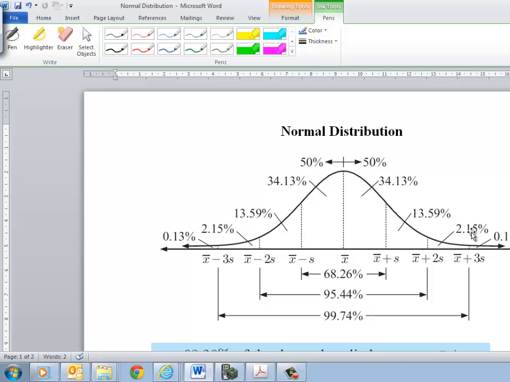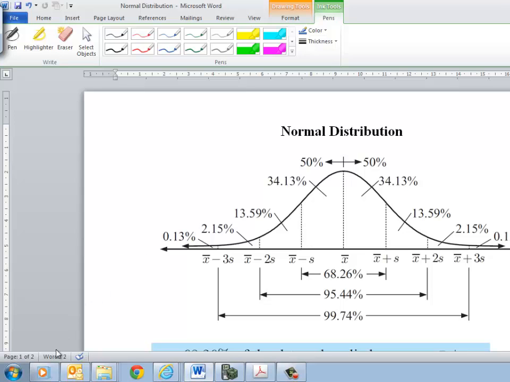Now obviously if you've got a value say out here, we would classify that as an outlier, and that would be outside three standard deviations. All right, so hopefully that matches up with what you've learnt in the past. So we certainly are going to base a lot of our information on the normal distribution.